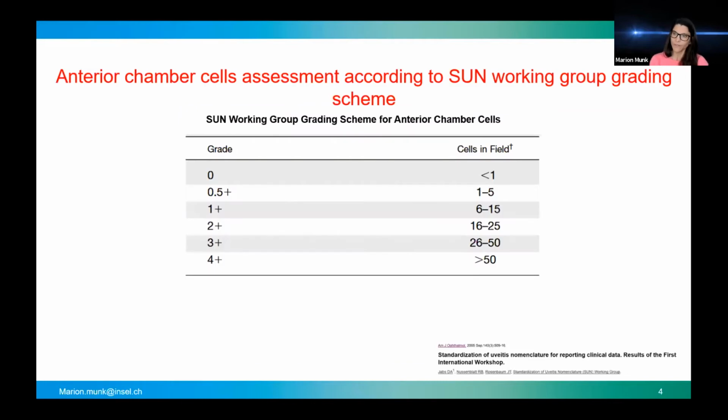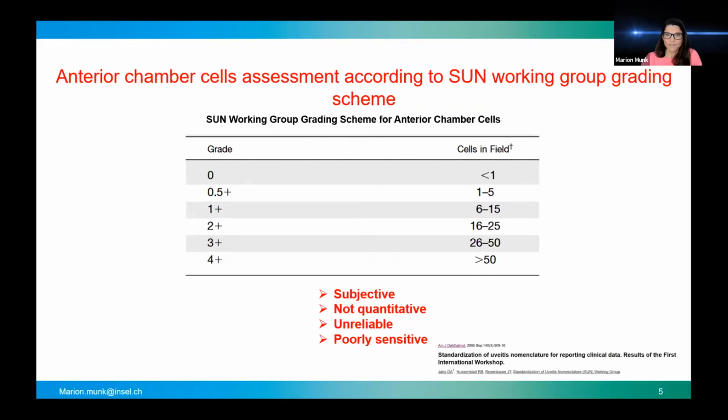We've already seen from Alessandro that when you assess anterior chamber cells, you have the SUN working group grading scheme, which uses a 6-point categorical assessment of the severity of the inflammation.